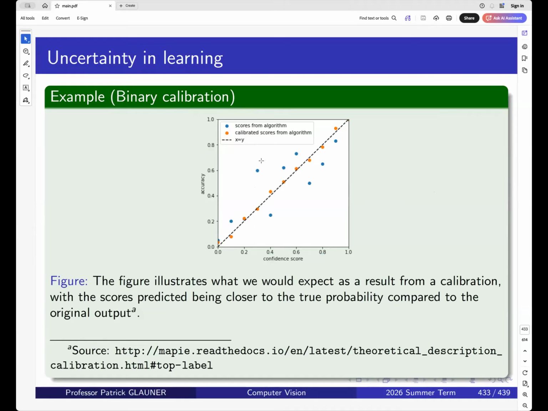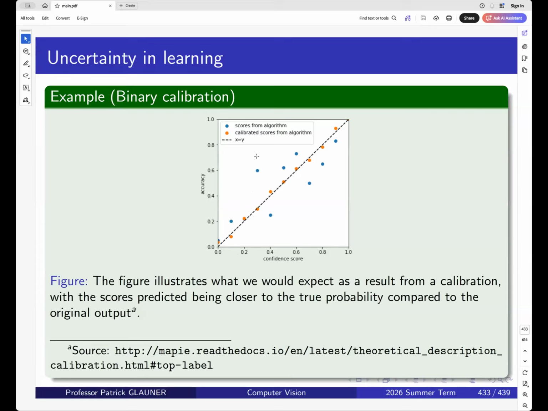This figure illustrates what we would get if we apply calibration. If we calibrate models, we would want a situation where the scores that we predict are much closer to the true probability compared to the original output. Because what we see here is that these blue dots are quite off from this diagonal.